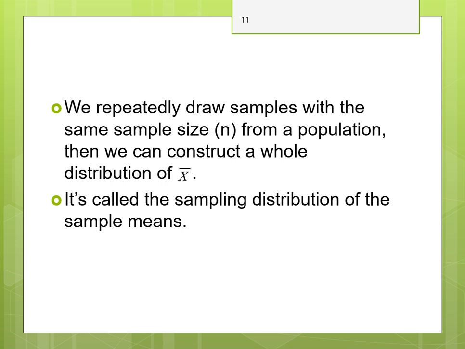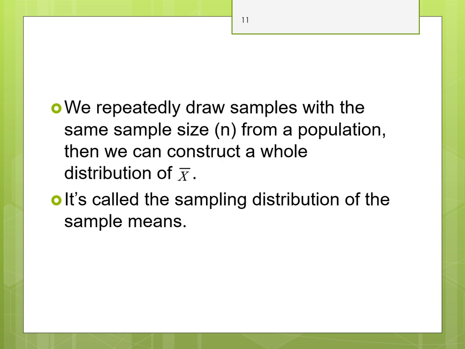So if we repeatedly draw samples with the same sample size from a population, then we can construct a whole distribution of X bar. That means we can get so many samples and we can figure out so many X bars.